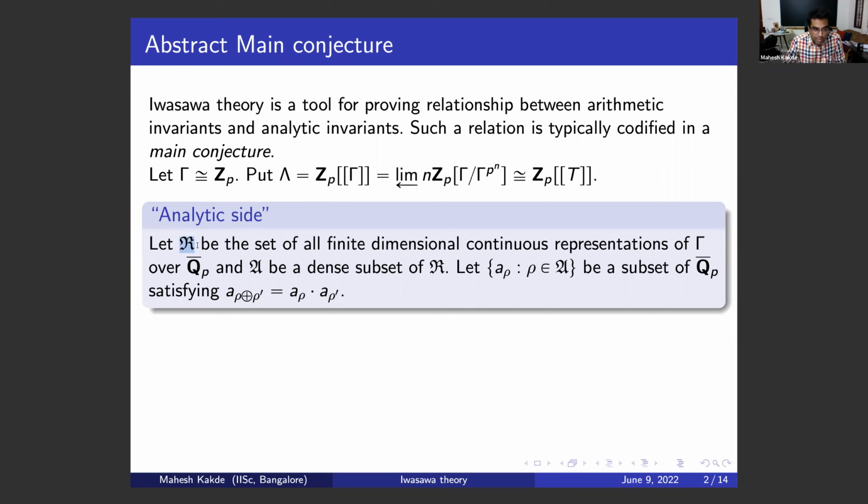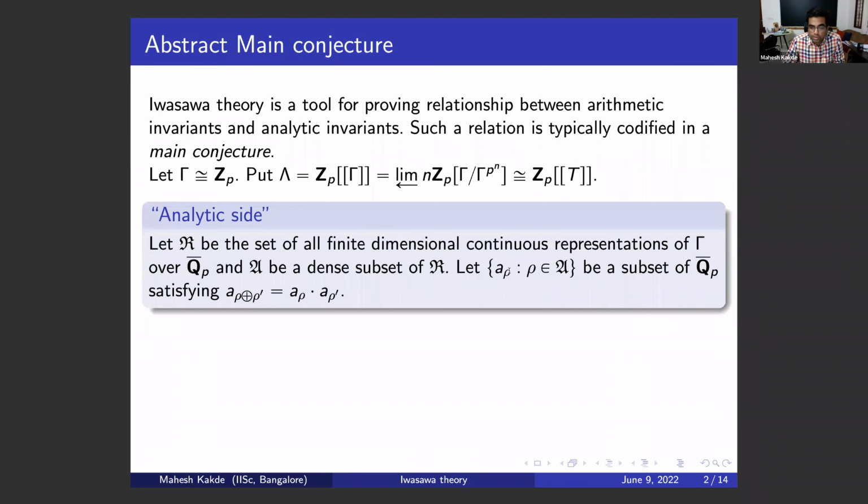In any case, R doesn't just have irreducible representations; it has all finite dimensional representations, and A is some subset of R which is dense. Dense in the p-adic topology, in the obvious sense that going modulo higher powers of p, you can approximate any element of R. For example, the set A can be all finite order representations of gamma. That's dense in all representations.